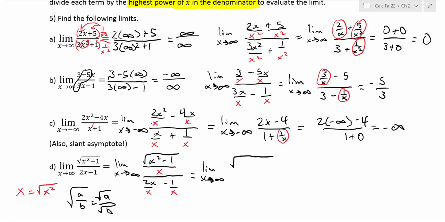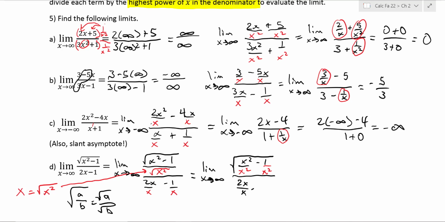So underneath this radical, I can write it as x squared minus 1 over x squared for both, right? And that's again me taking this x as the square root of x squared, and then being able to combine those radical functions since I've got the same index for both. All right, and then in my denominator, we can do all the reduction together.